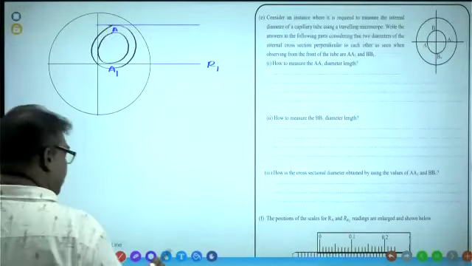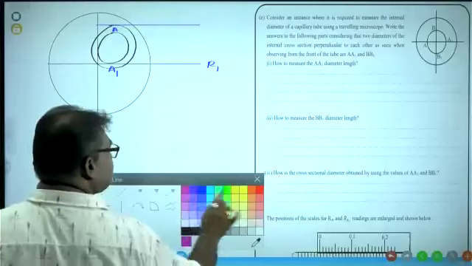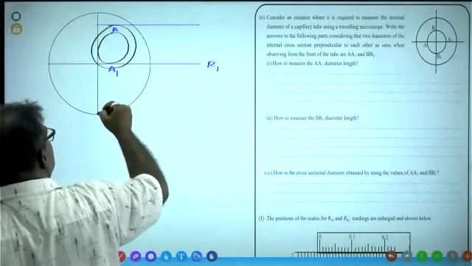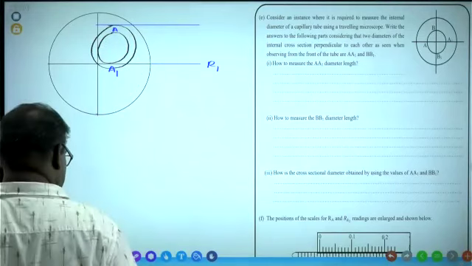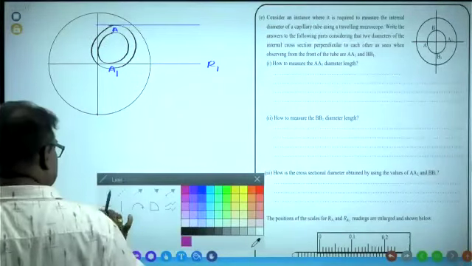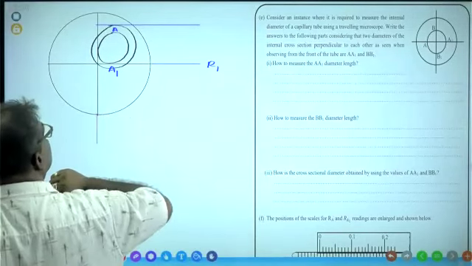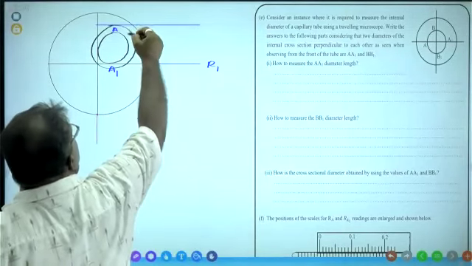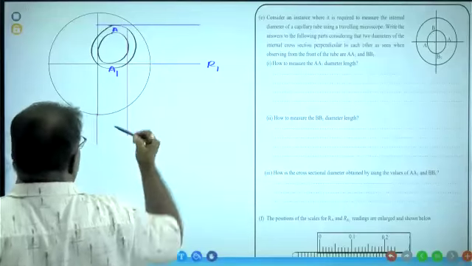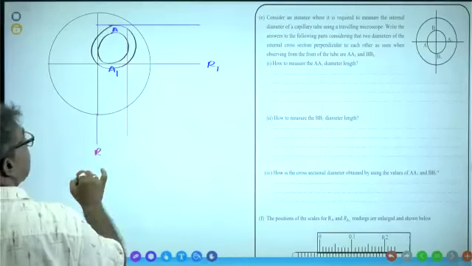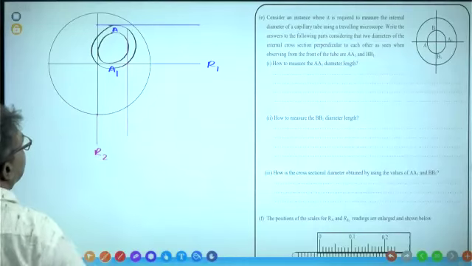And corresponding to this, let's see the process next. The reading here, you can say it's R2.